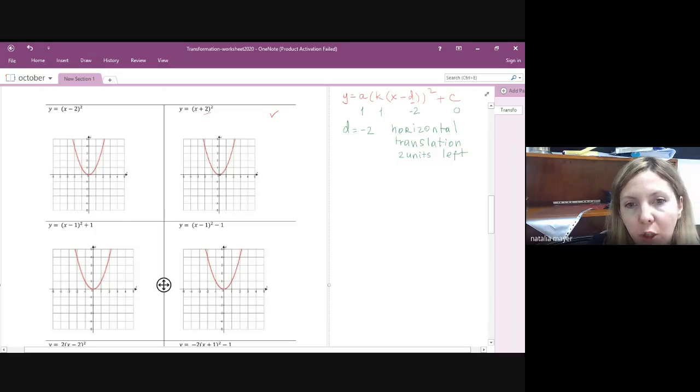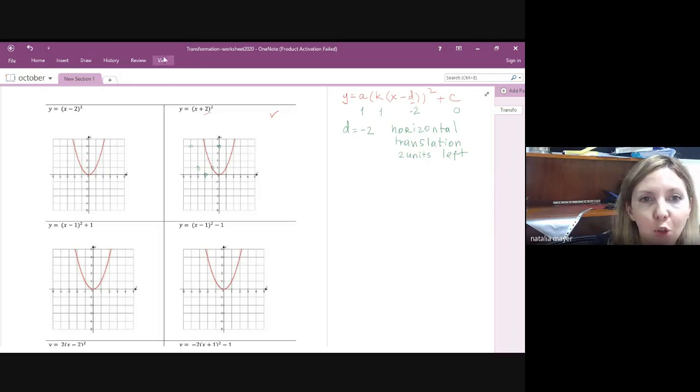So it means that the vertex is going to be here. This point, 1, 1, is going to become here. Then point negative 2, 4, 2 units left. And 2, 4, 2 units left. So I got 5 new points of this transformed function.